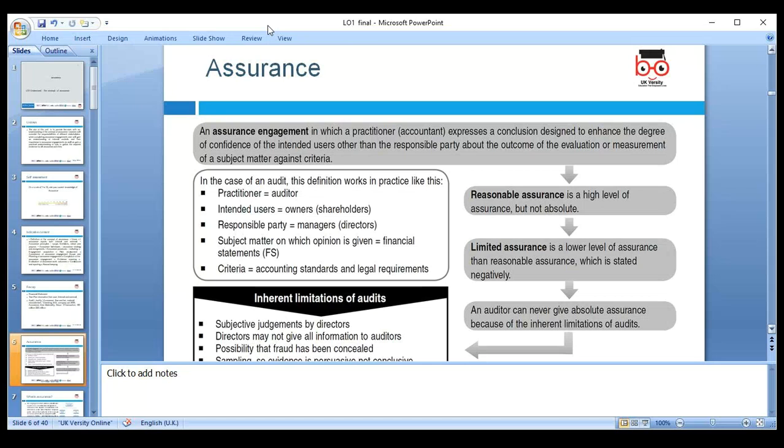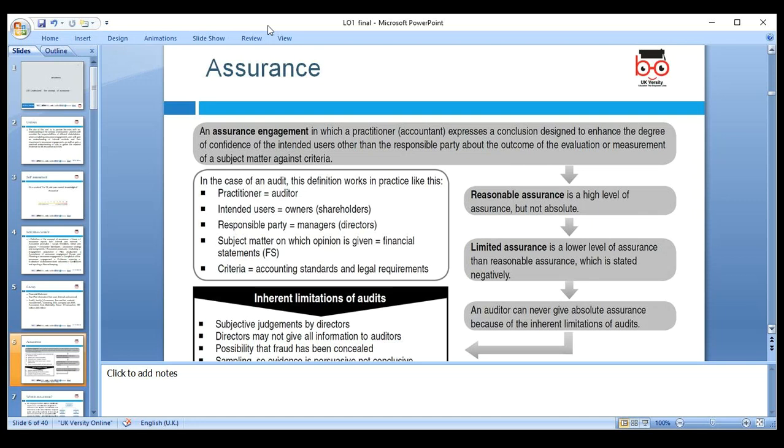So next, the definition of assurance, in which the practitioner or accountant can express a conclusion designed to enhance the degree of confidence. Yes. Confidence. Lots of things happen like creative accounting. Think about the Enron scandal. Think about the recent Carillion collapse. So these are the intended users, then the responsible party about the outcome. Evaluation or the measurement of the subject matter against the criteria.